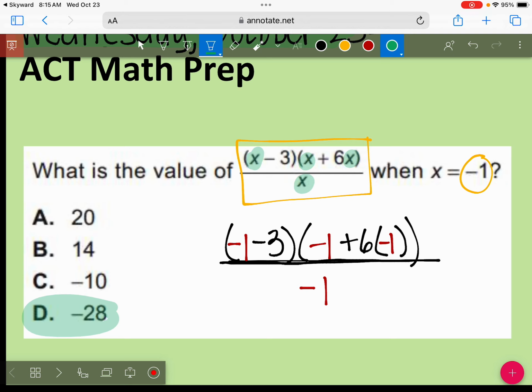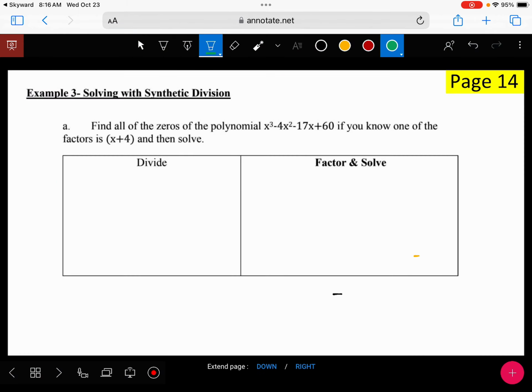All right, go to page 14 in your note packet. And we're going to continue where we left off yesterday on page 14.